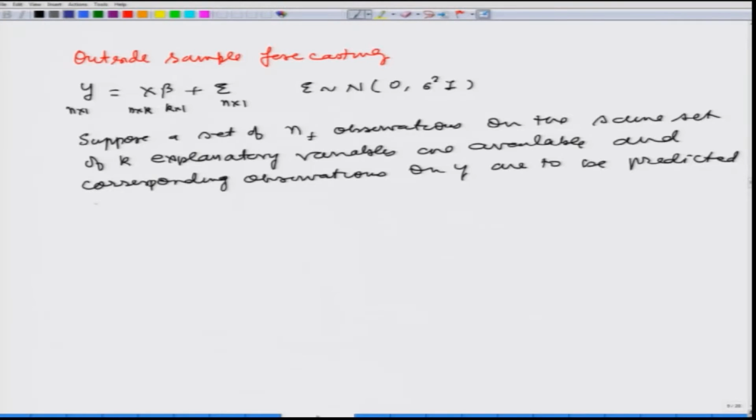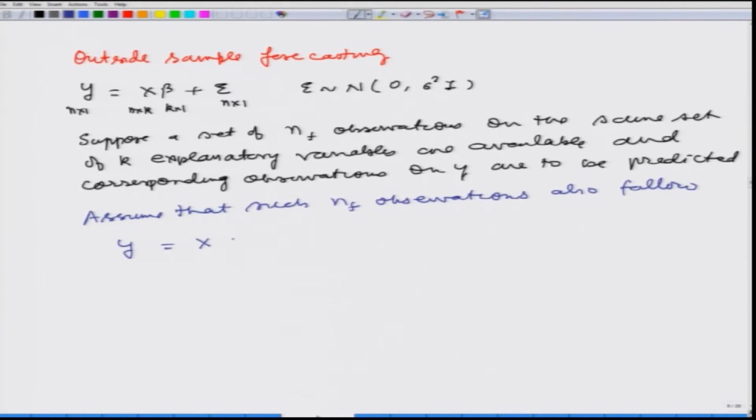So, we assume that such nf observations also follow the same model, that is y is equal to X beta plus epsilon. But now there is a difference between this model and the earlier model.